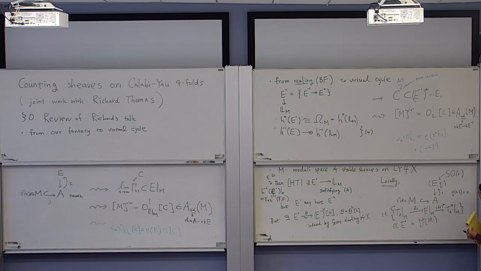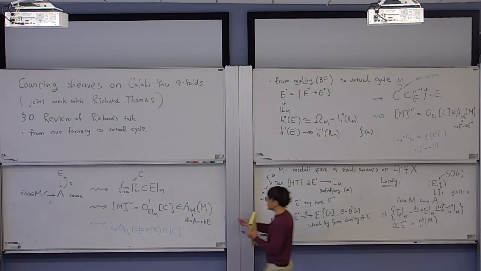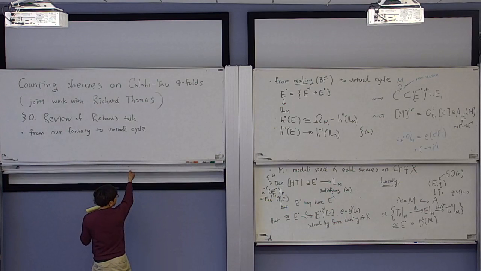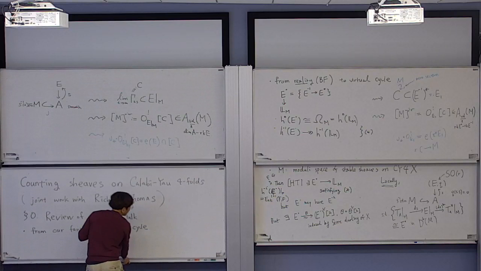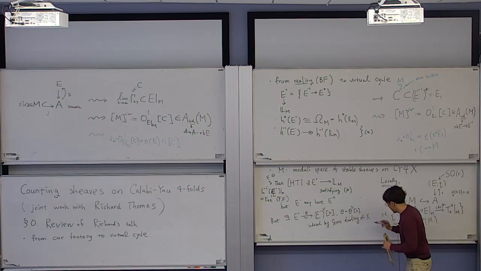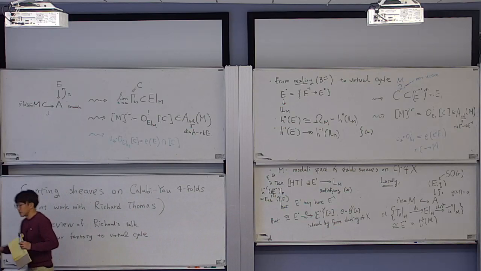Locally we have this picture of M, this obstruction theory of M. Now also here let's define the virtual dimension.